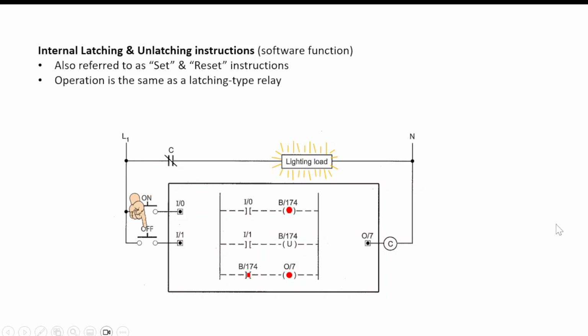So if I want to turn off the light, I've got to go down to the off push button, push it down, and that will cause input 1 to go true, which causes B174 unlatch to go on, which causes B174 internal bit to go false, output 7 to go off, the coil to de-energize, the contact to open, and the lighting load to turn off. We release our finger from this, and what we see is that B174 unlatch remains on. So that's how a latch and unlatch system would function inside a PLC.